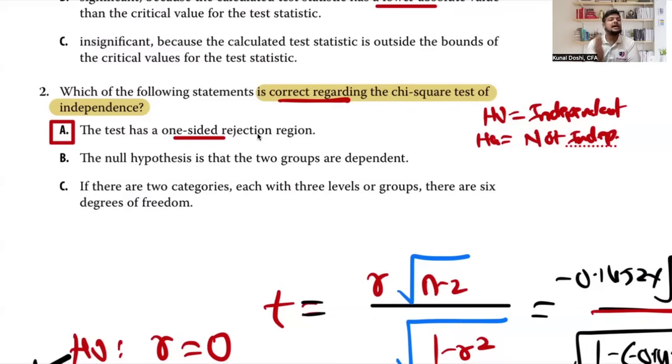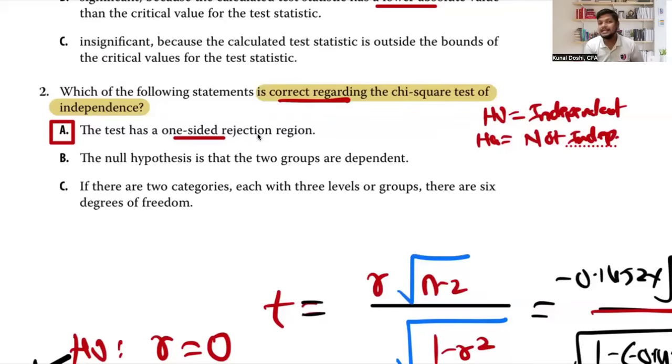Therefore, these are always right-side tests because they are never going to be below zero. They have a rejection region on one side, even though it sounds like a two-tailed test, but they are bounded by zero. So yes, for chi-square and F distribution both, because it's a square, it can never be negative. So yes, the answer is A.